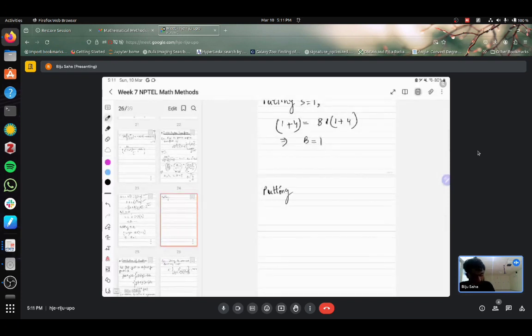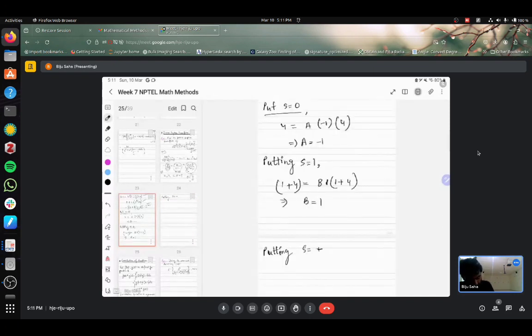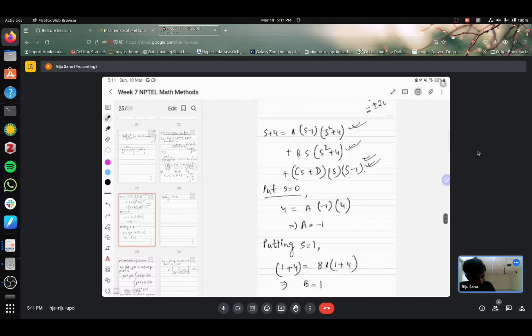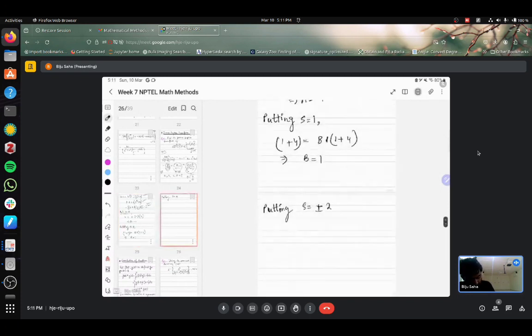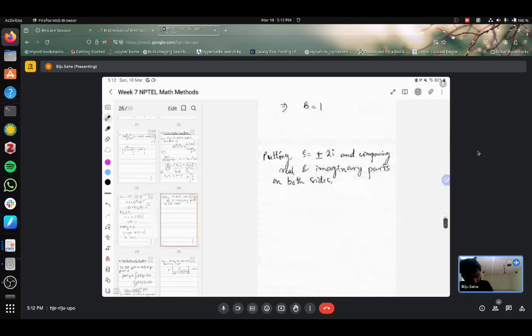So putting s equal to plus minus 2i, with that you get the value of c and d.